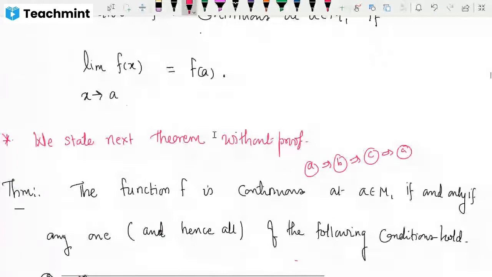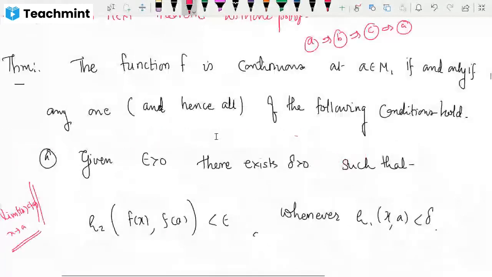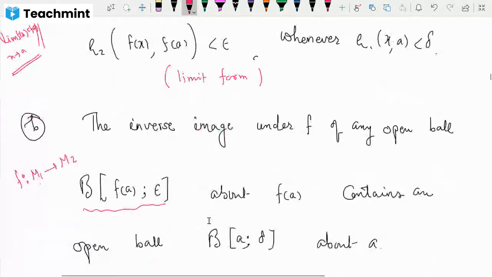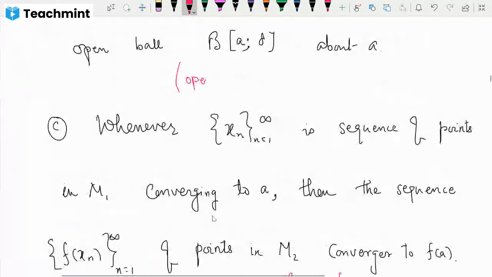So you have three definitions of continuity. First definition, that is in limit form. Second, open ball form. And third, that is sequence form.